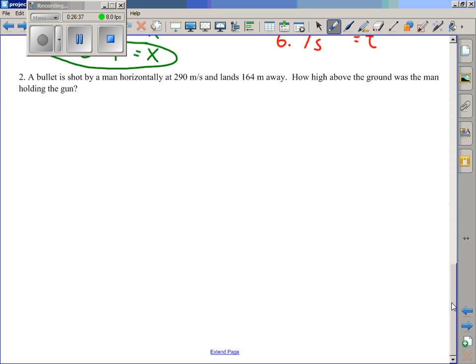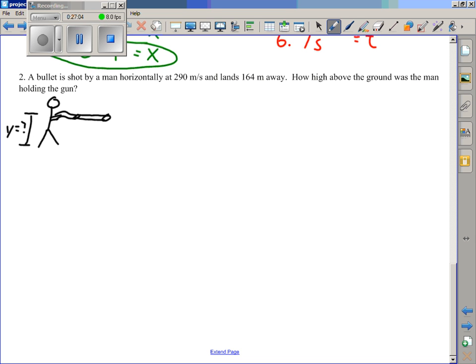So I've got some guy here, right? And guns are always bad for me. Guns for me always look like bazookas. I'm looking for y, what the height is here.